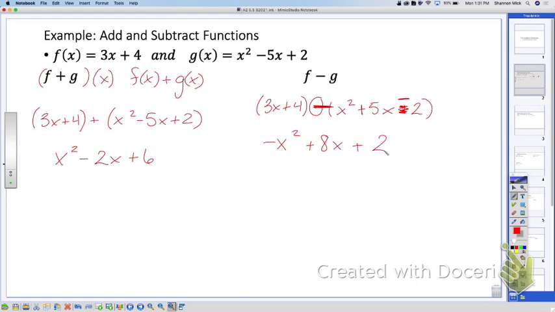Okay, is that what you had in the first place? Did you have that the first time, or did you not write it down? I did not write it. Okay, so I wondered if maybe you did it right, but we're just saying it wrong. But we have to do what before we combine like terms? Distribute the negative. That's the difference, right? So I want you guys to do g minus f.